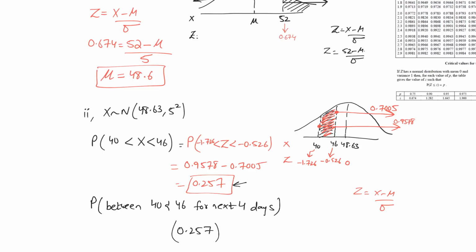For the next 4 days, you want this to happen consecutively. So on the first day, his lunch break lasts between 40 and 46, and then the next day also, then the next day also, and then the next day also. So 0.257 times 0.257 times 0.257 times 0.257, which in a shorter way is 0.257 raised to the power 4, and the answer is 0.00438 to three significant figures.